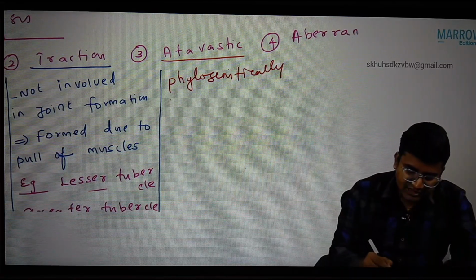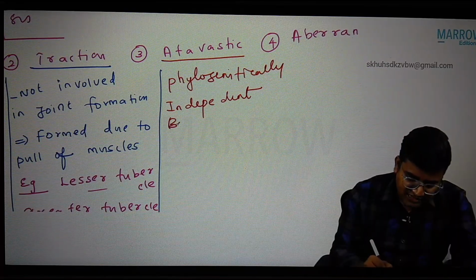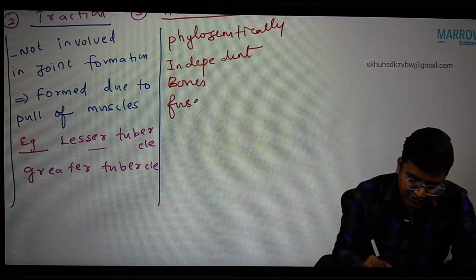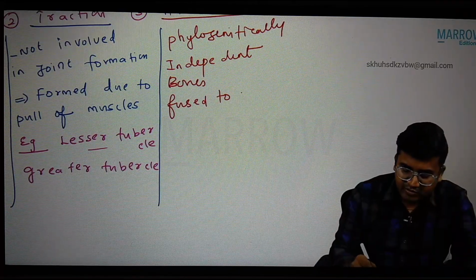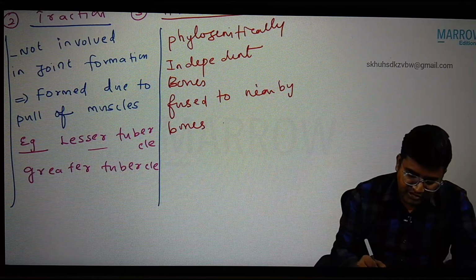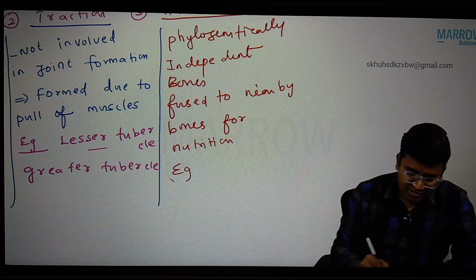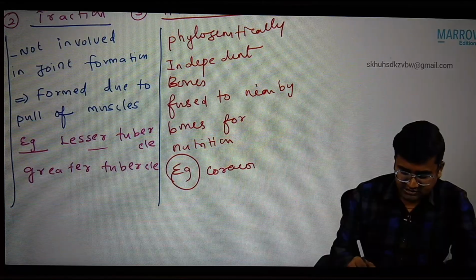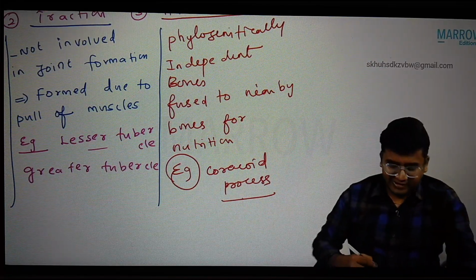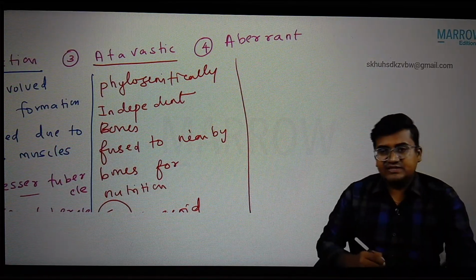Example, coracoid process. Okay, right. Now next one, last one, aberrant epiphysis.